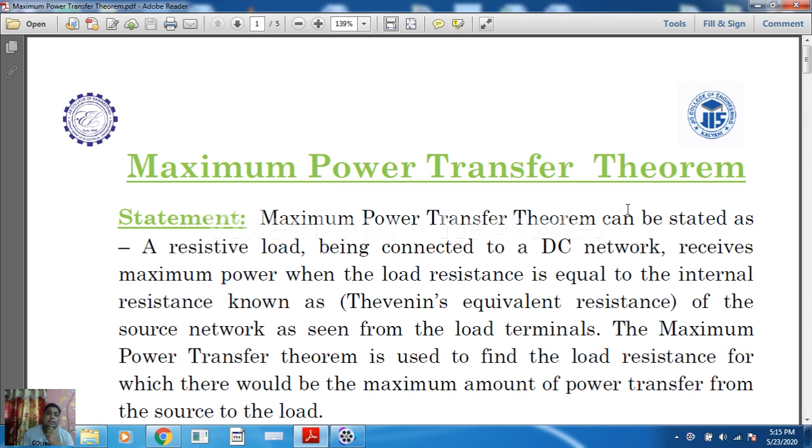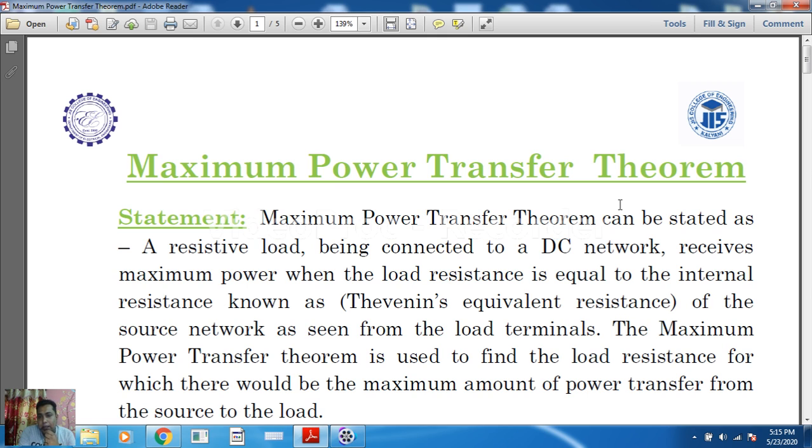Before starting the theorem, I have to tell you that this transfer theorem is not such a different theorem from the other theorems, like Thevenin's theorem. It is an application of Thevenin's theorem.